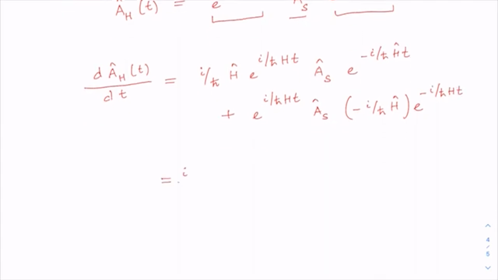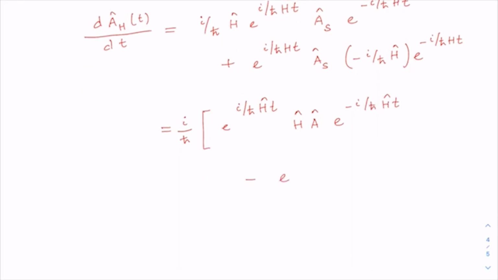This I can write as i by h cross e to the power i by h cross H t H A_S e to the power minus i by h cross H t, minus e to the power i by h cross H t A_S H e to the power minus i by h cross H t.